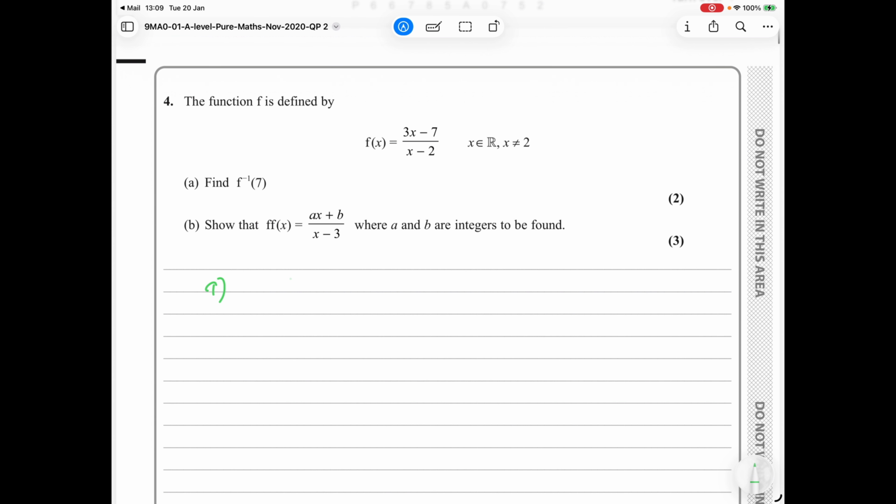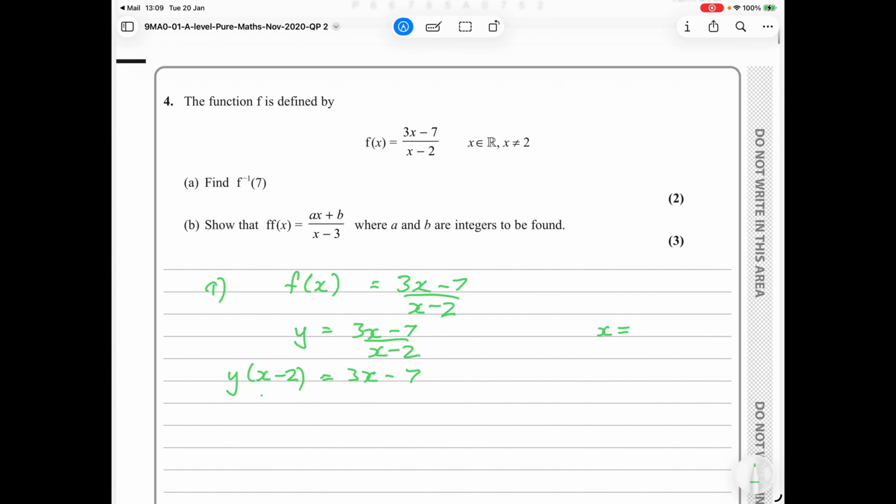So f of x equals 3x minus 7 over x minus 2. So let's make it y equals 3x minus 7 over x minus 2. And now what we have to do is rejig it so it equals x equals. So we times that out, so we get y times x minus 2 equals 3x minus 7.